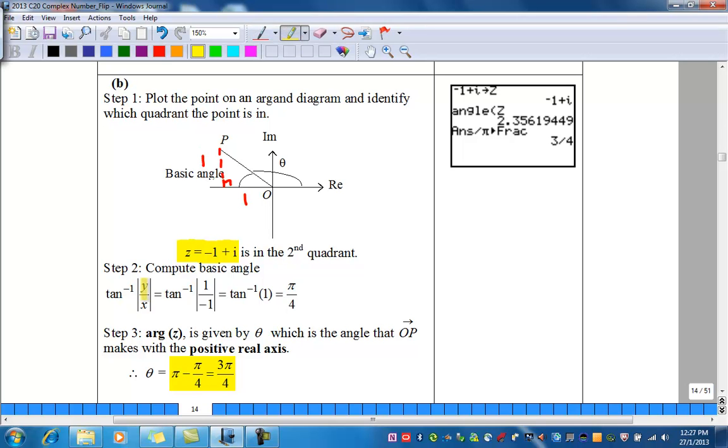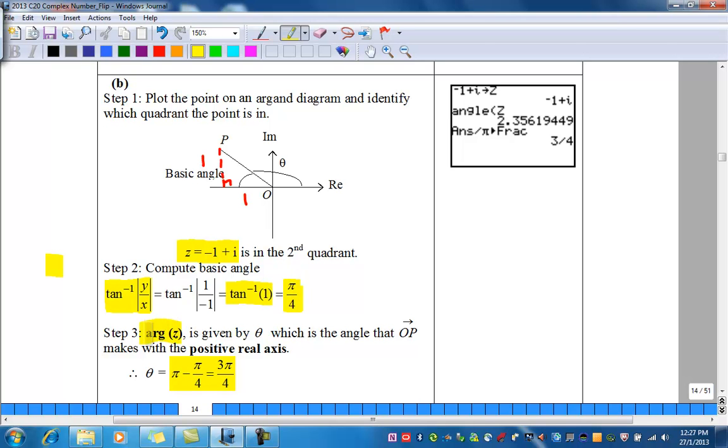The basic angle will be tan inverse y over x, which is equal to tan inverse 1 and equal to pi over 4.